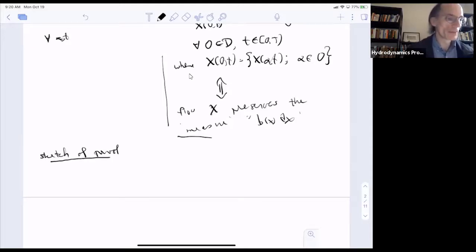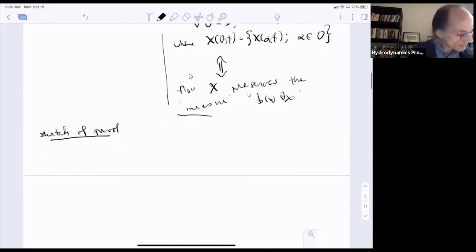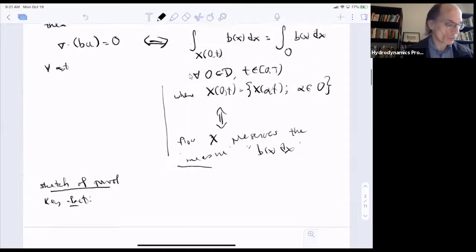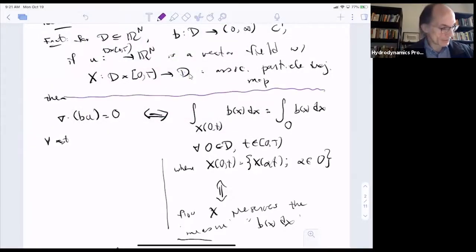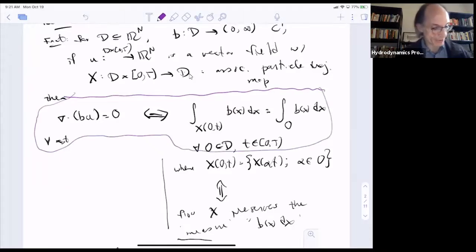So, at least under this approach, what I'll need to do in verifying this up here is a change of variables in the integral on the right-hand side.